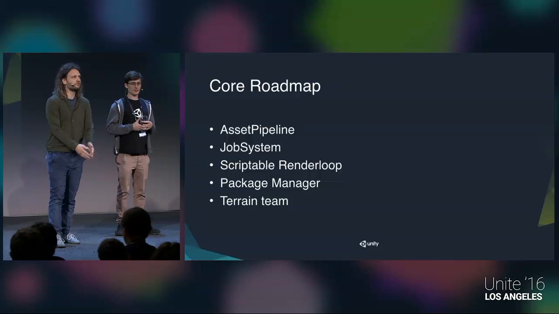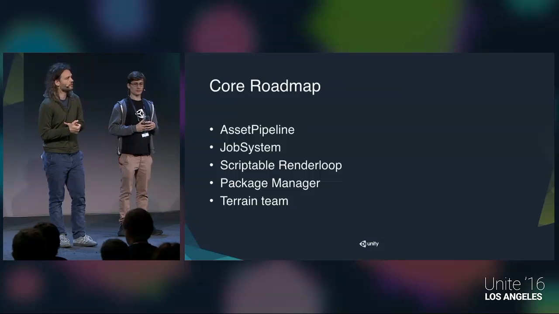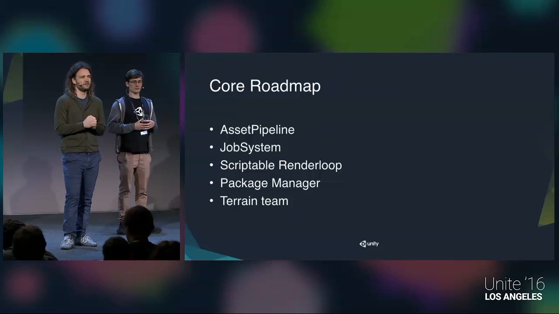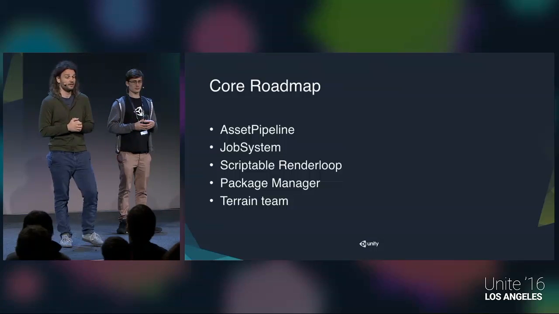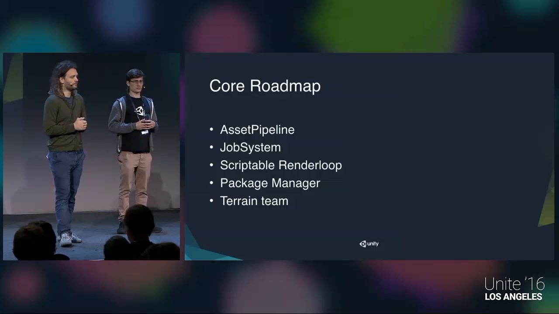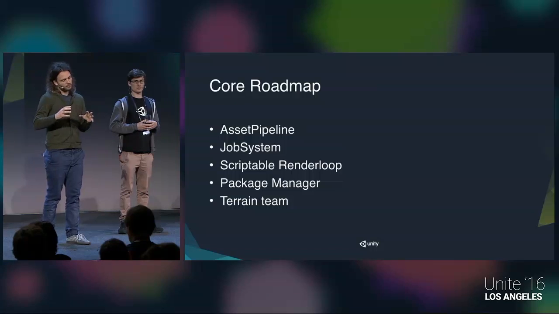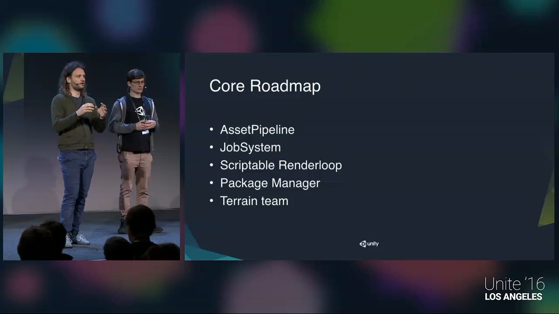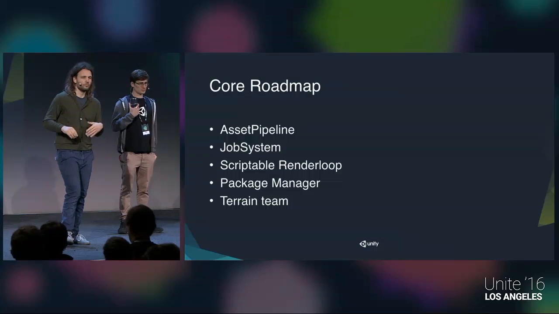Then I think there's one really exciting thing that we're doing with graphics. I think that's probably one of the biggest steps we're doing with graphics in, I don't know, a very long time. That's a scriptable render loop. And what the scriptable render loop is all about is moving most of our high-level decision-making, all the things that define the state and in which order objects get rendered and so on, moving all of that to C#.